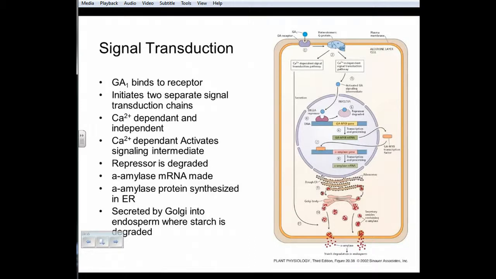Starts then the production of messenger RNAs, which end up being transferred to the endoplasmic reticulum, where the alpha amylase is synthesized, which is then processed in the Golgi, which then moves to the cell membrane. The Golgi blebs off, it moves to the cell membrane and dumps the alpha amylase outside the albumin cells into the starch in the endosperm. Okay? Remember this?